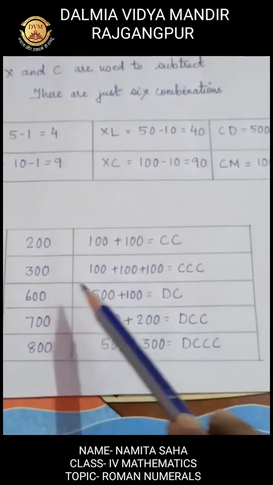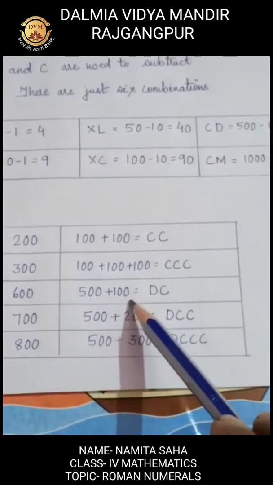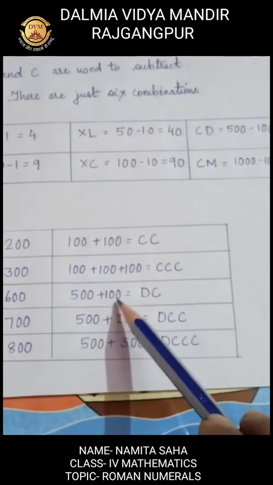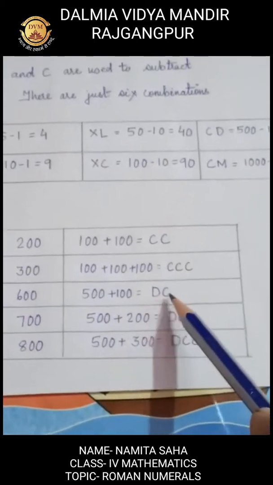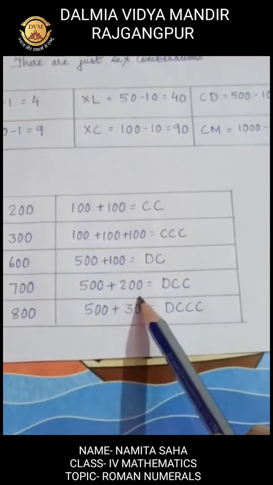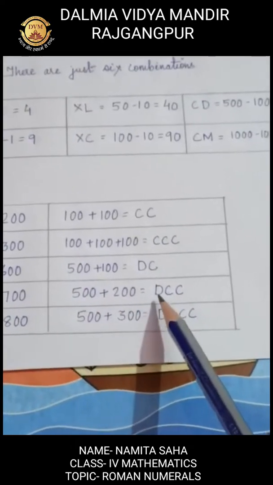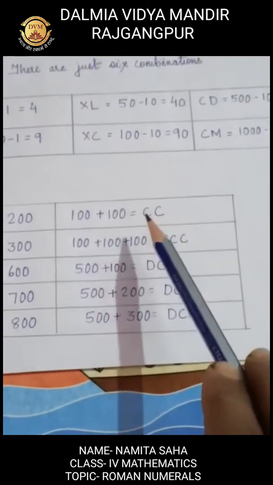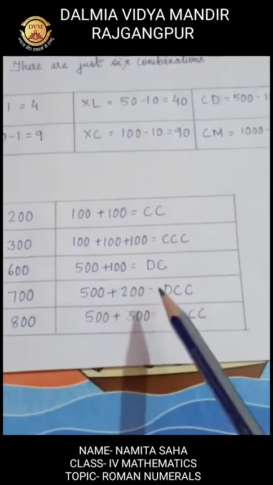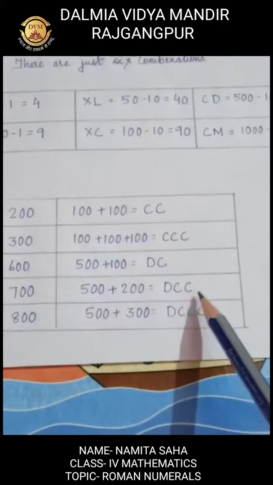Like 600, you can write it as 500 plus 100. The symbol for 500 is D, the symbol for 100 is C. So it becomes DC. In that way 700 is 500 plus 200. The symbol for 500 is D, and 200 we have already found out here, CC. So the symbol for 700 will be DCC.